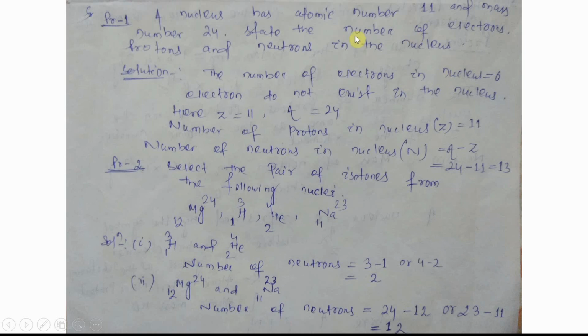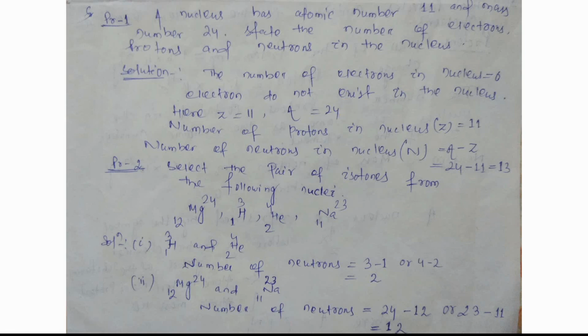The atomic number, that is Z, is given as 11, and the mass number is 24, that means A equals 24, and we have to calculate the number of electrons, protons and neutrons. We know inside the nucleus electron is not there.